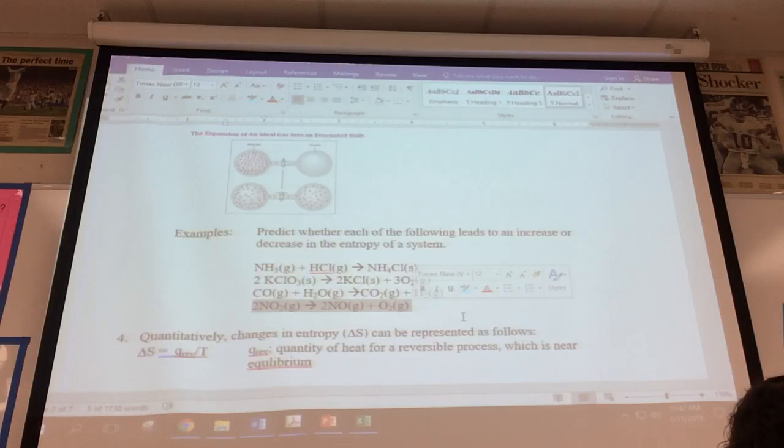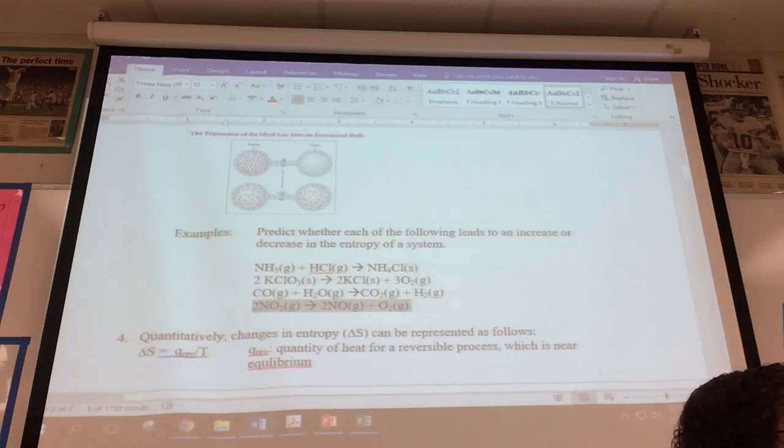Could you base the change in entropy on the reaction type, like decomp or synthesis? I'd say in most instances, yes. Decomp should result in disorder, and synthesis should result in order.